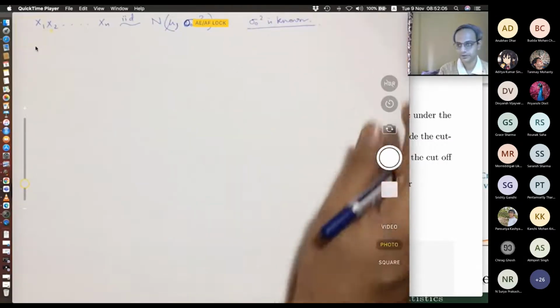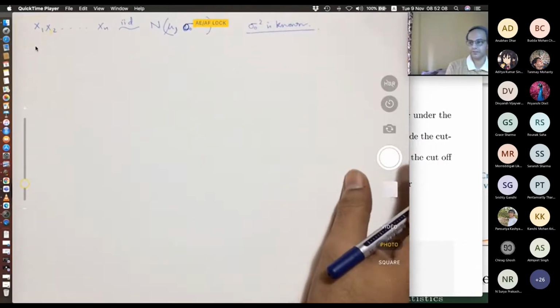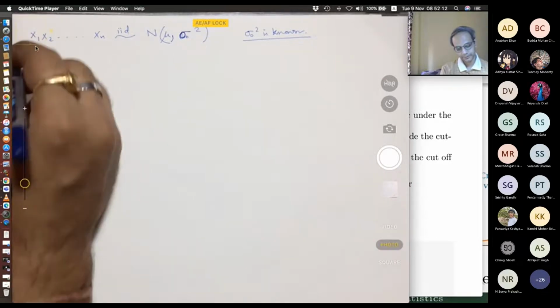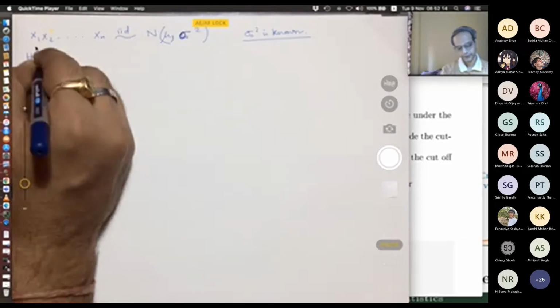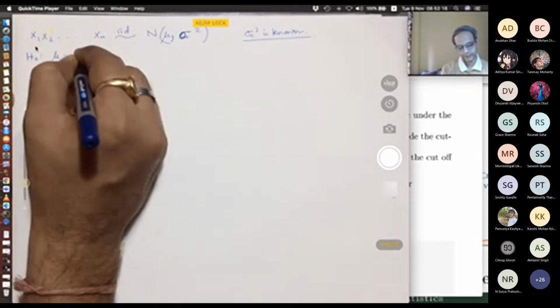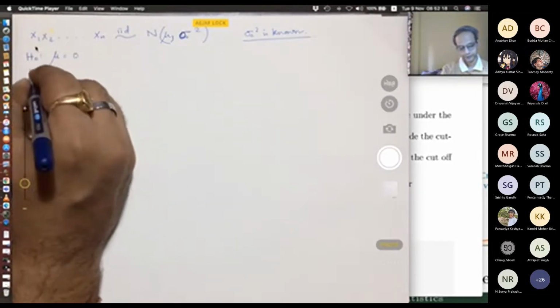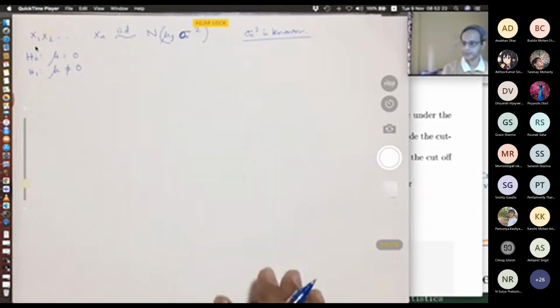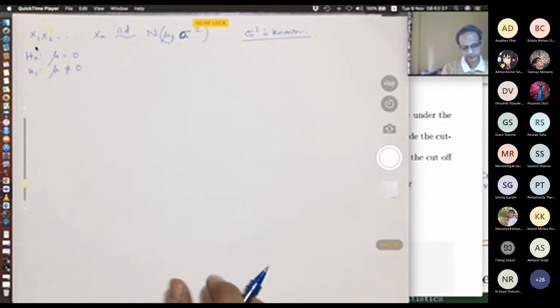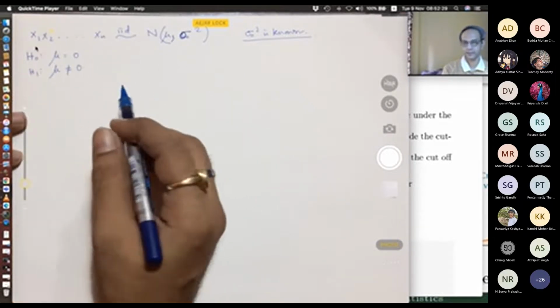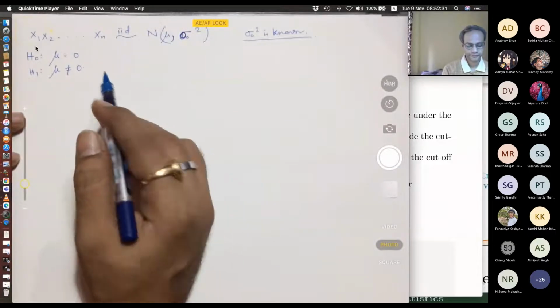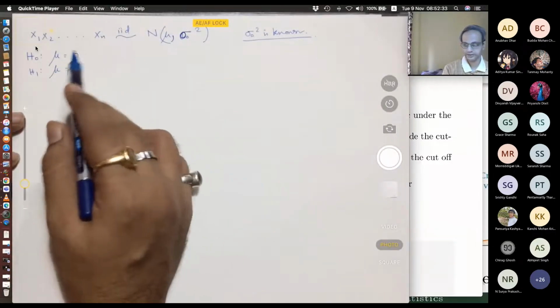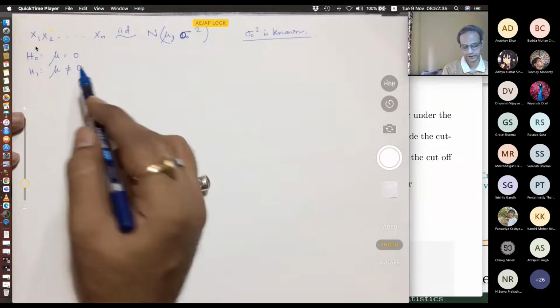A simplest situation I'm trying to depict. Now, the null hypothesis specifies mu equals 0. Alternative hypothesis, mu not equal to 0. As simple as that. Suppose these are the data of some measurement error. So it is very easy to construct this kind of test.